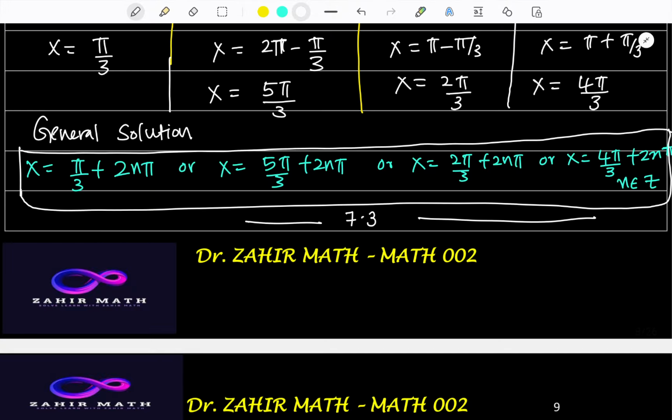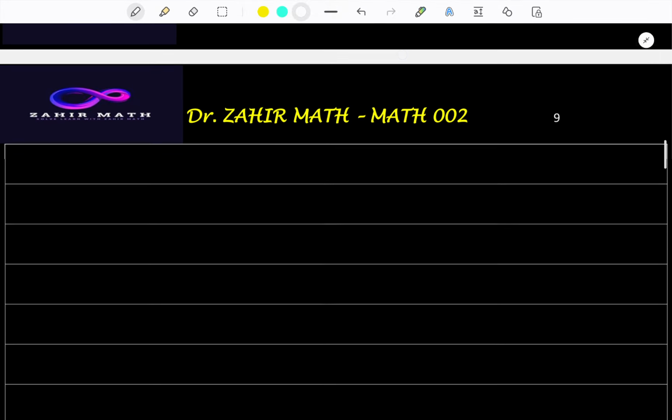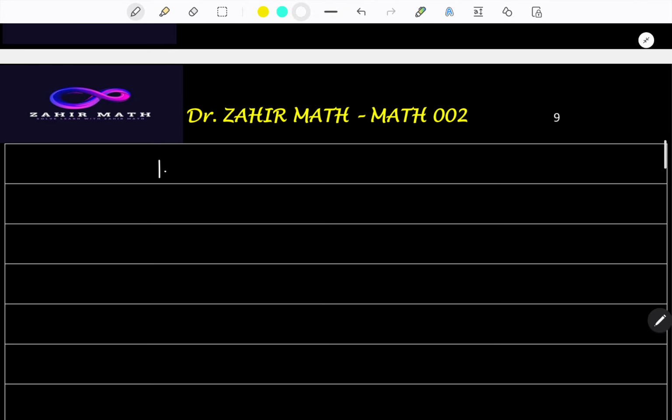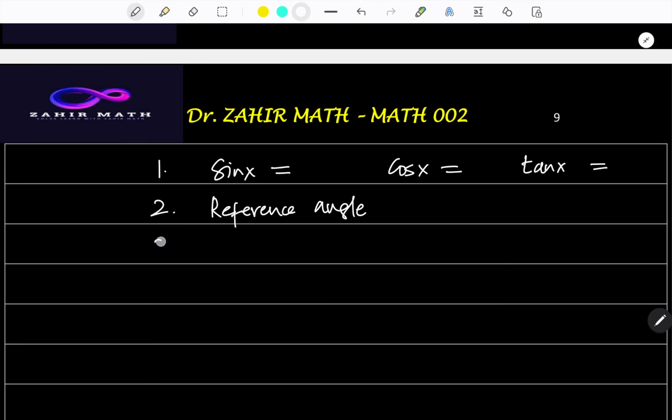The second point, use reference angles. If there is a possibility of getting negative values, use the reference angle to make it positive.